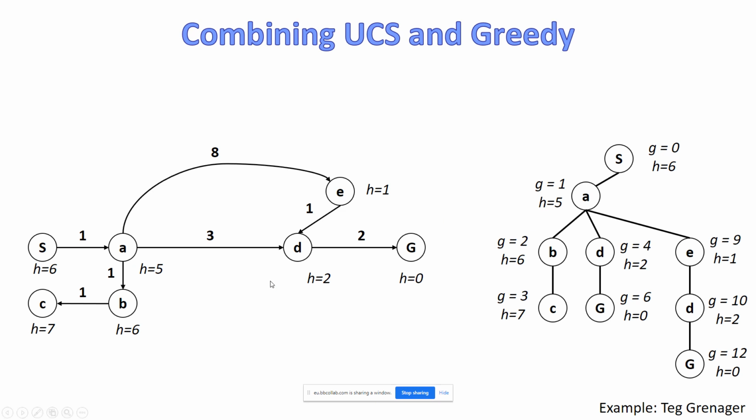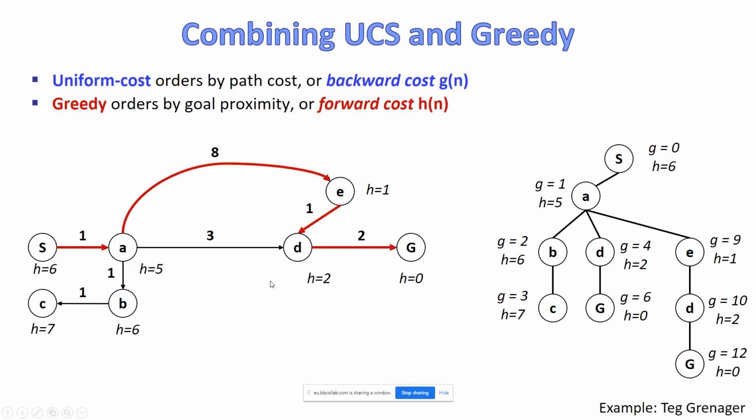Now let's do A star. What A star will do is get out of the fringe the node that has the least estimated total cost, which is the backward cost, the cost from the start state to the current state, plus the estimated cost from the current state to the goal state.